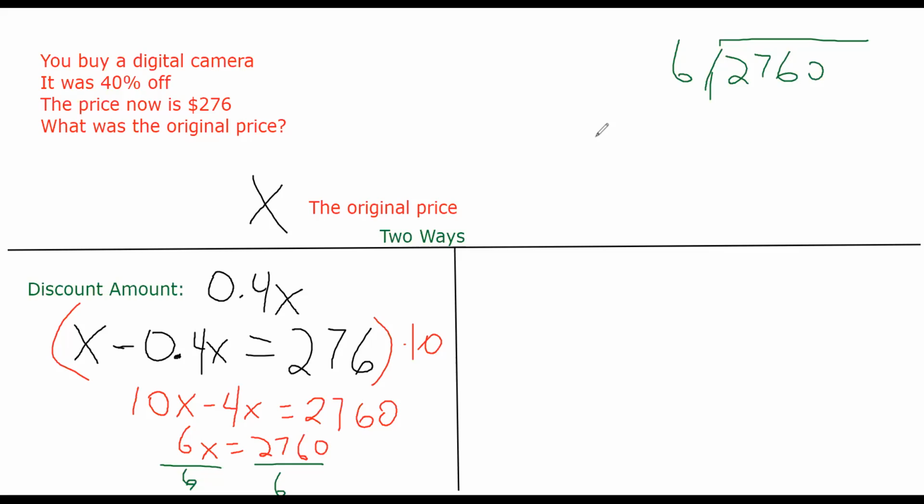6 doesn't go into 2, but it goes into 27. 4, not 3 times, but 4 times. 9 goes in 3 times. Bring down the 6. 6 goes into 36 how many times? 6 times, exactly.